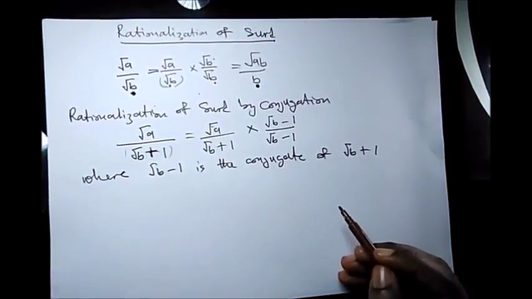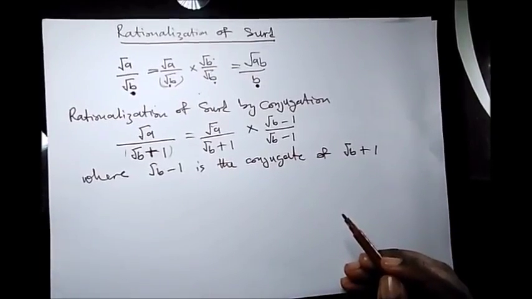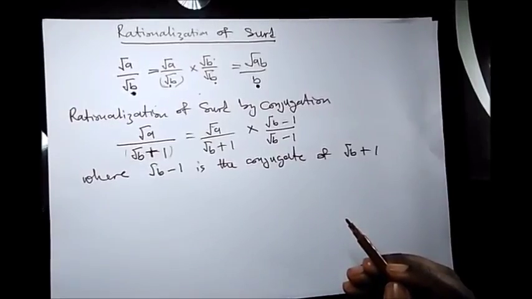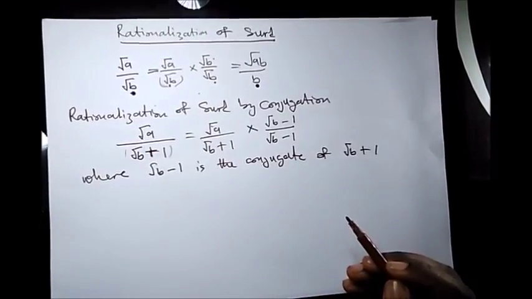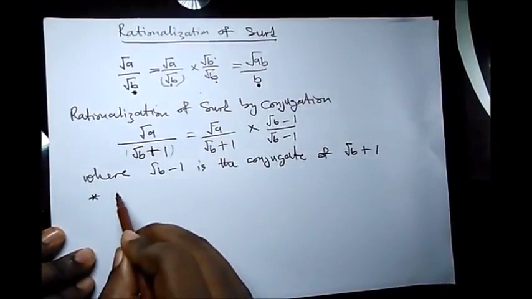We can also try to take some particular expressions to help us with solving when we meet rationalization of surds by conjugation. There are some particular expressions that we just need to easily know to be fast in maths, especially in JAMB. Now these are the key things to note.